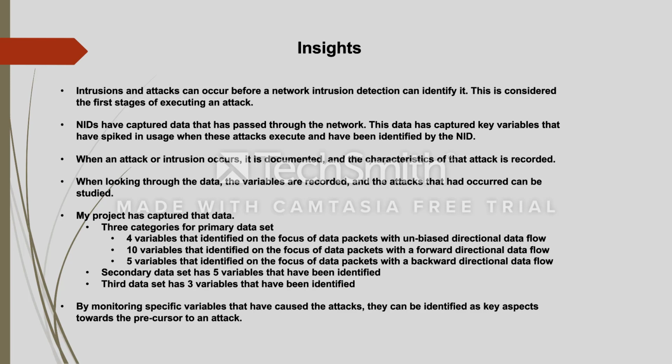I was able to capture 4 variables out of the 72 for the unbiased directional data flow. I was able to capture 10 variables out of the 72 for forward directional data flow and 5 for backward directional data flow. These 19 variables can be monitored closely.